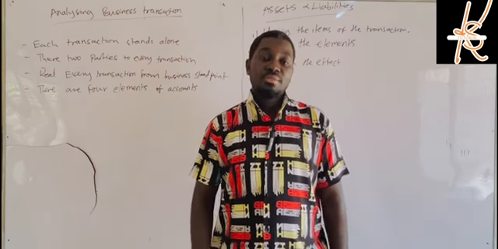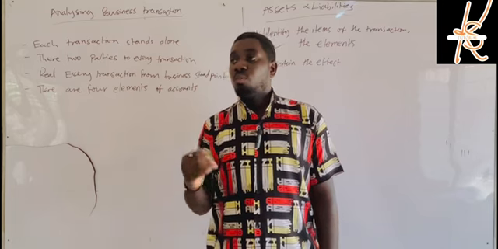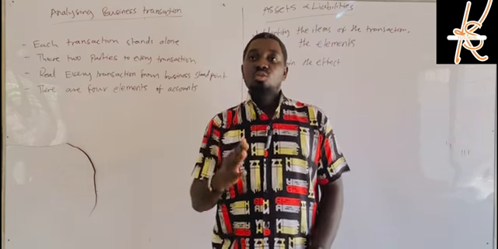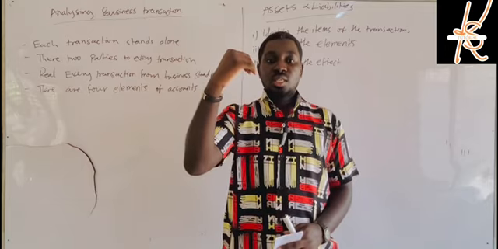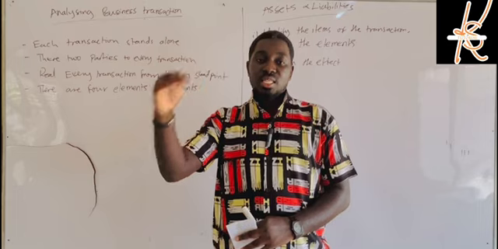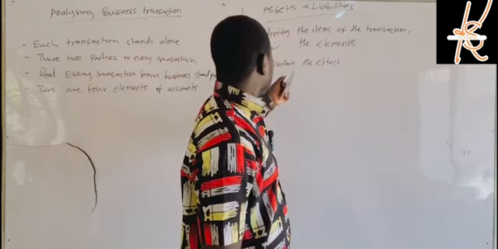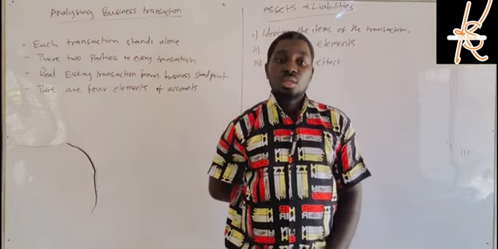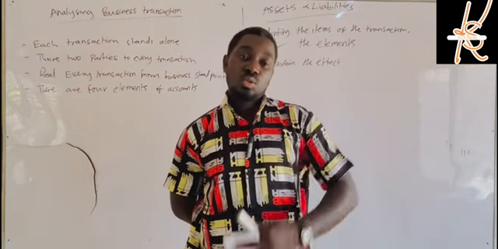So if we bought assets, if it is increasing, what is the effect? The effect will be either increasing or decreasing. What is the effect of the transaction on the elements of the account?